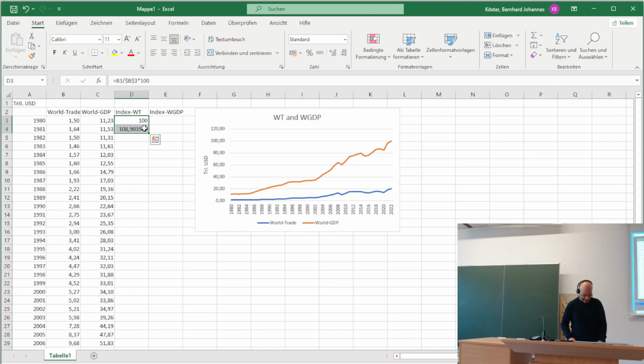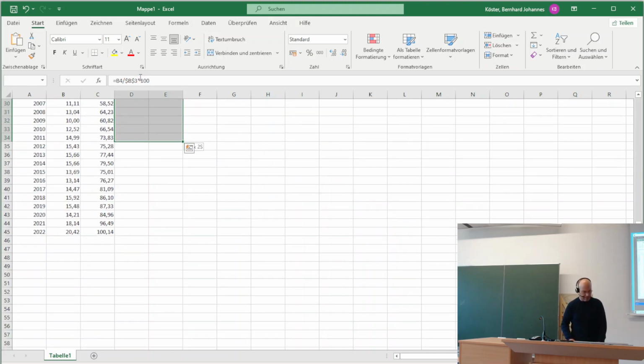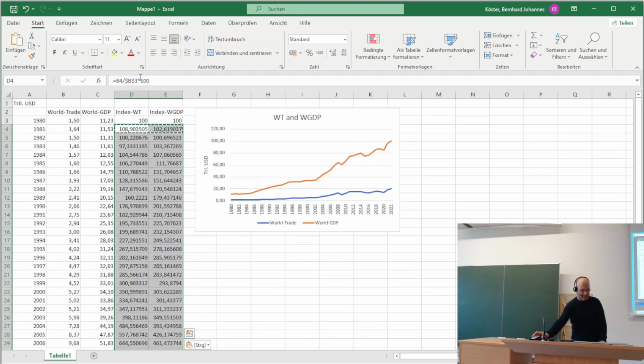Well, and this formula I can just copy to the right. Now I have to be careful, since I fixed the 150, the 1.5 in this cell, I have to move here also from B to C, going down here until the end.